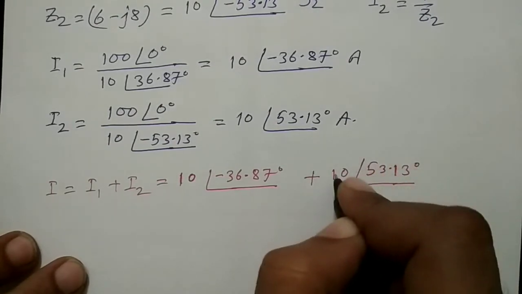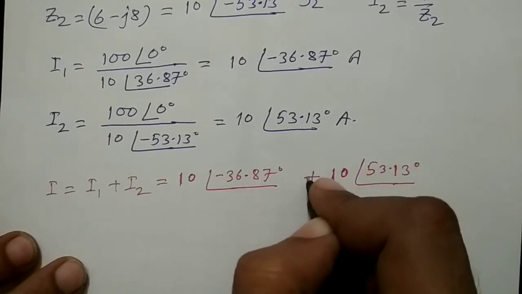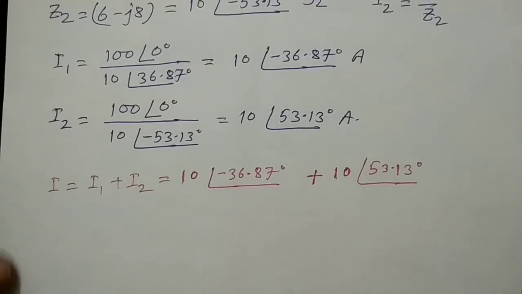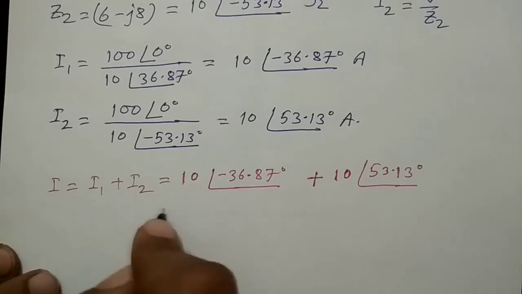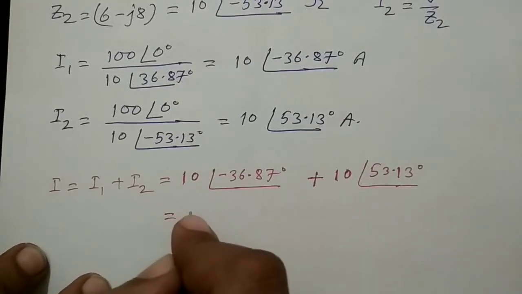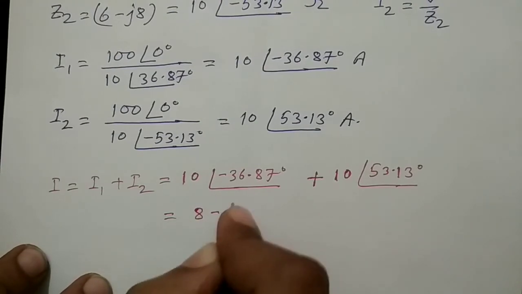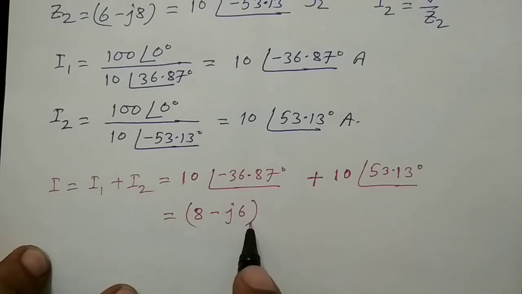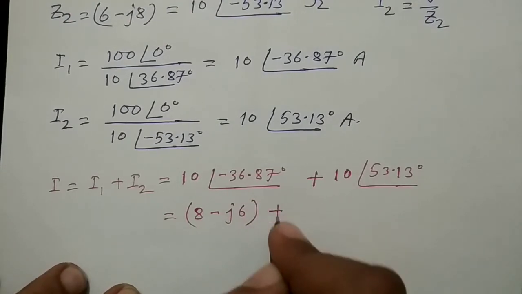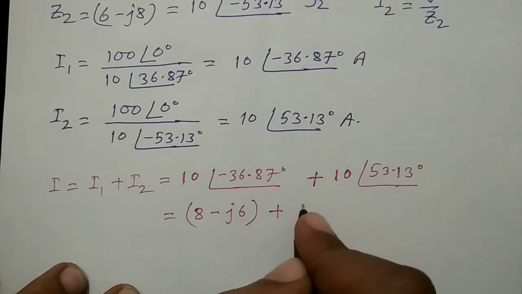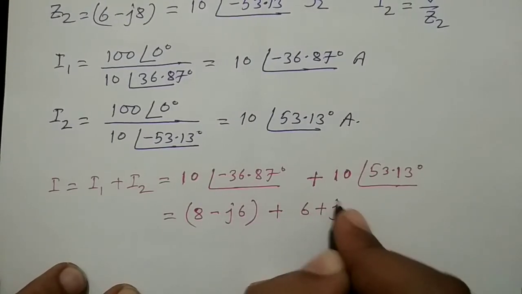But remember one thing, we cannot add two phasor quantities in polar form. So first of all you have to convert them into rectangular format. So the value of I1 will be 8 minus j6, and similarly, the value of I2 in rectangular format will be 6 plus j8.